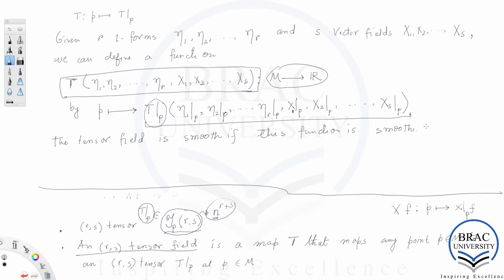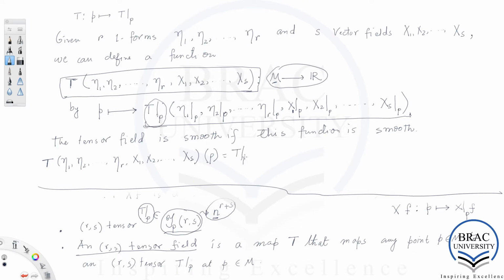Okay, so in other words, we can write this function as follows: T of eta 1, eta 2, up to eta r, comma x1, x2, up to xs is a function. That function acts at point P of the manifold M to spit out a number, and that number is nothing but this number.